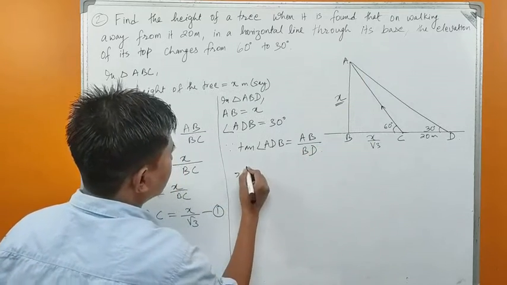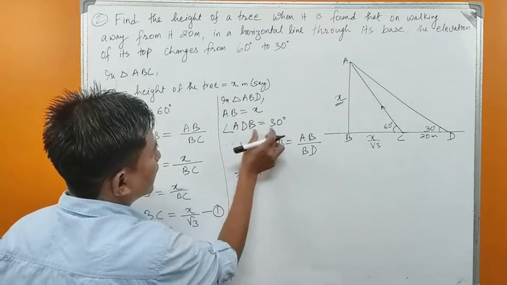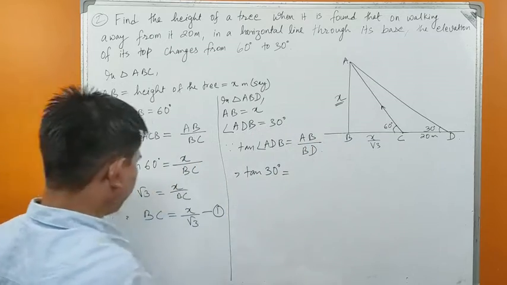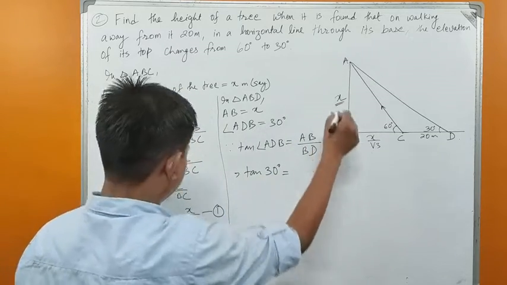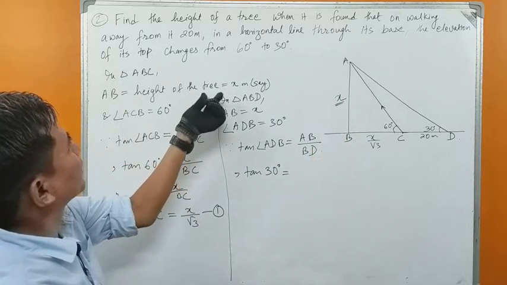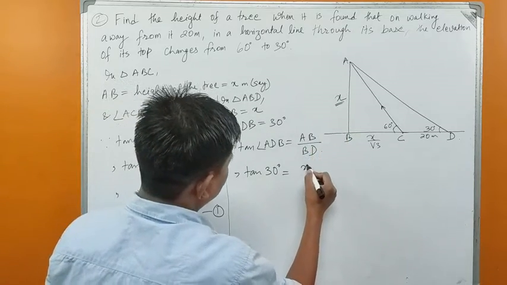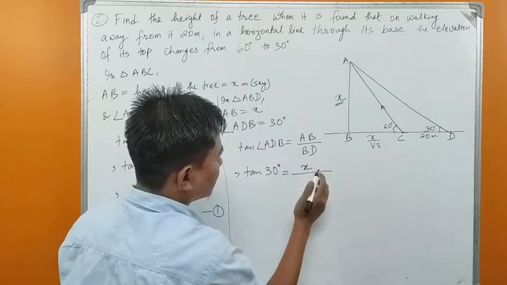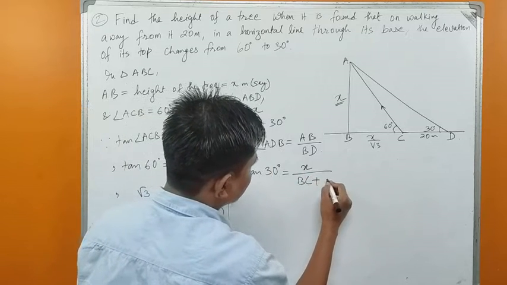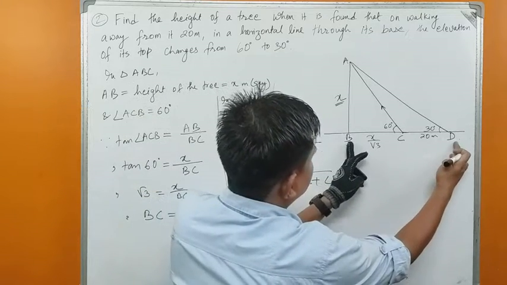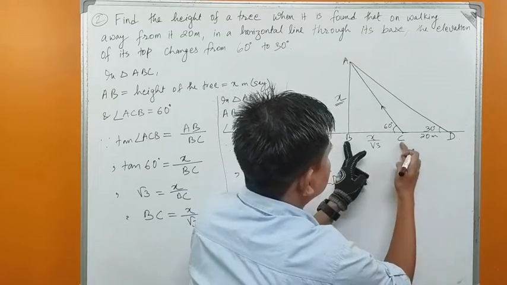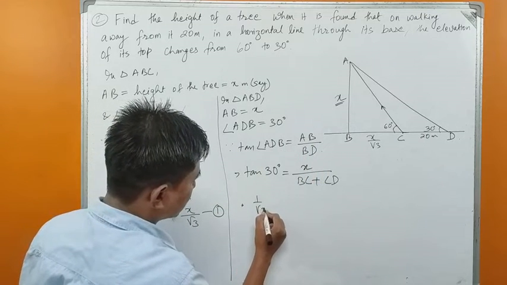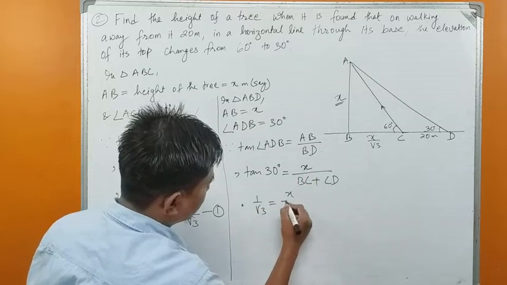Tan of angle ADB means tan 30 degrees equals AB, which we have supposed as x, over BD. BD means BC plus CD. So tan 30 is 1 upon root 3, equals x upon BC plus CD.